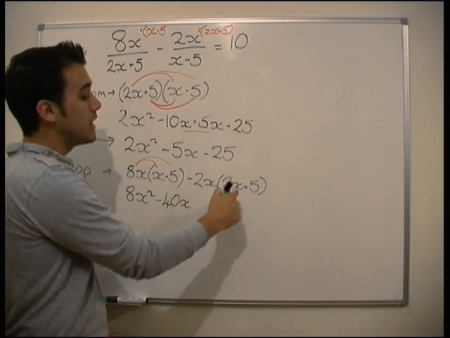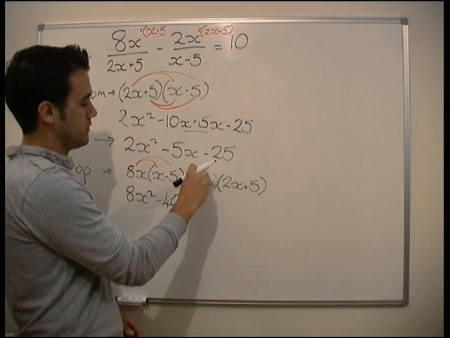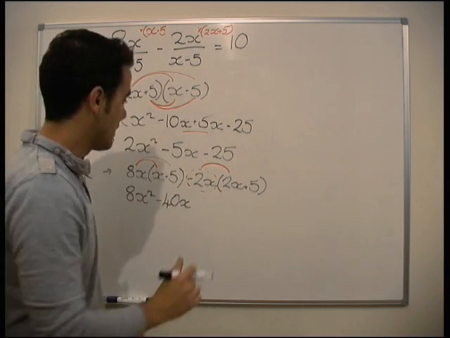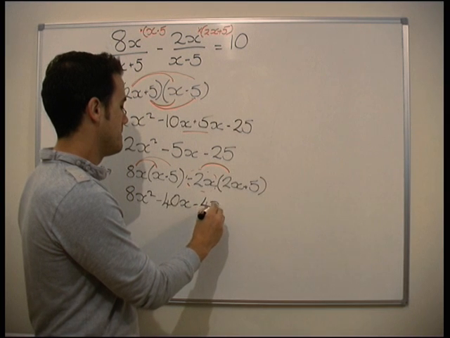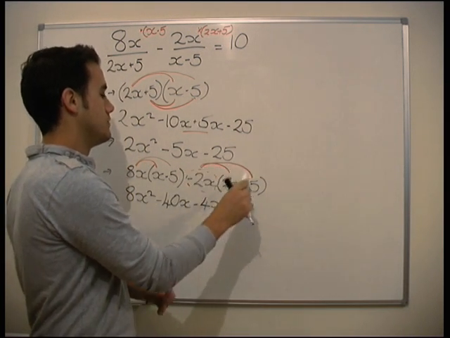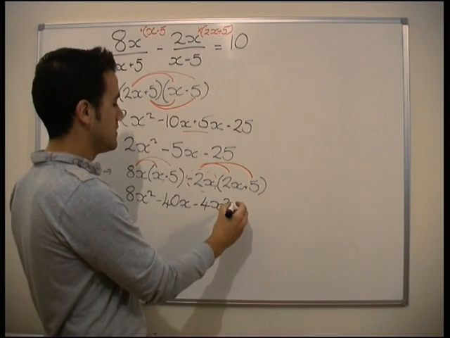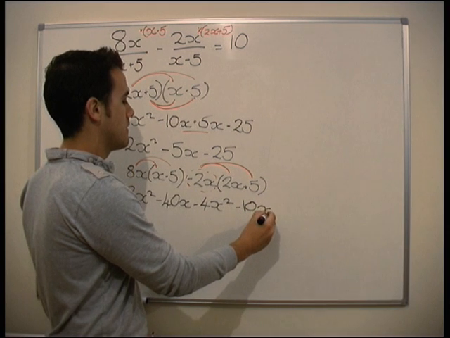Okay, now the next bit, minus 2. Remember this is a minus 2 times 2x, going to give us minus 4x squared, and minus 2 times 5 is going to give us minus 10x.